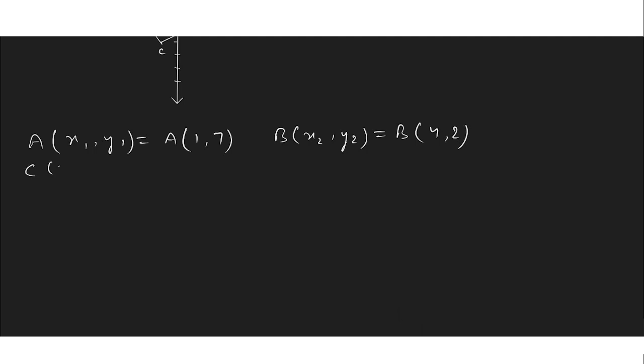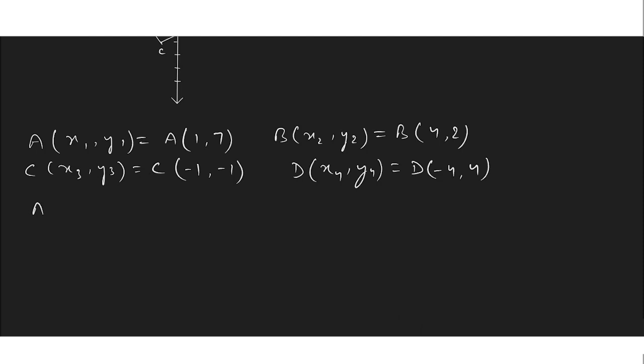Point C, say (x3, y3), is (-1, -1). And point D (x4, y4) is (-4, 4).